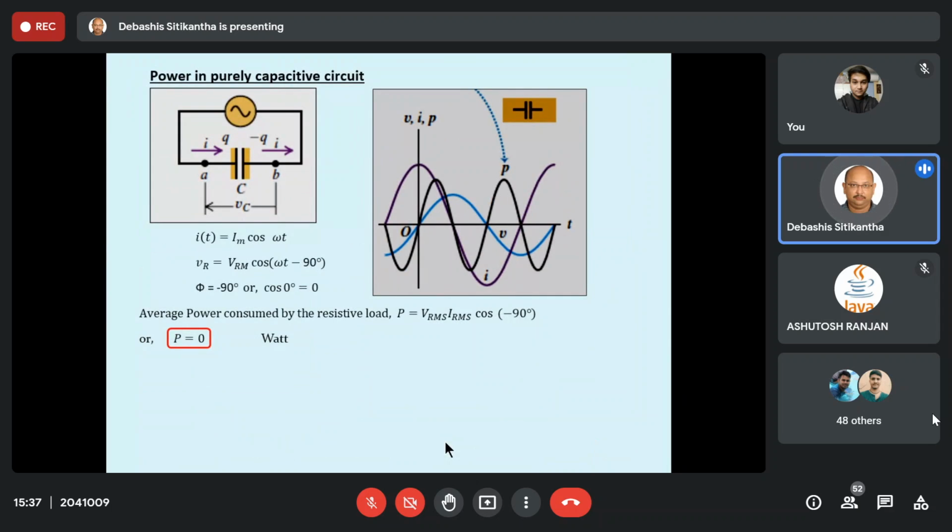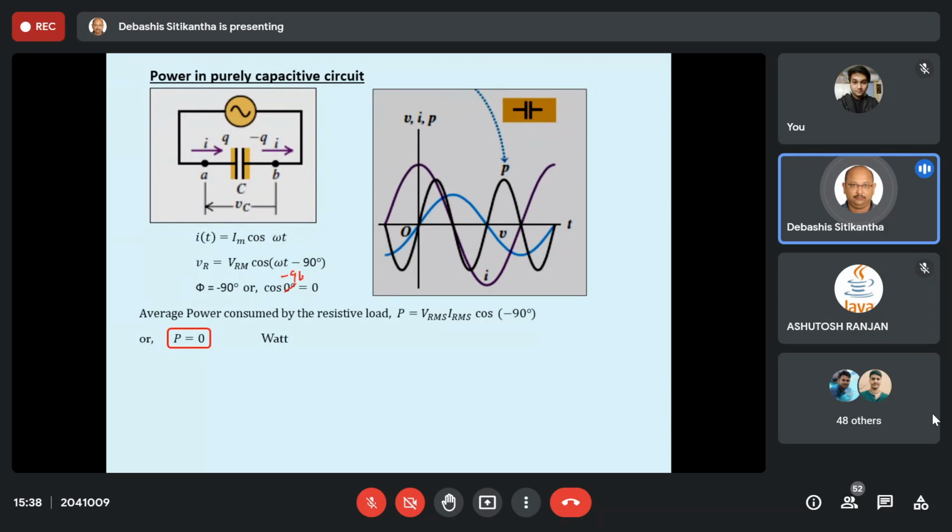Similarly, the power consumed by a pure capacitor is also going to be equal to 0. Why? Because in this case, your phi is equal to minus 90 degree. Oh sorry, I have written it as 0 degree, so let us change it. So cos of minus 90 degree is again 0.